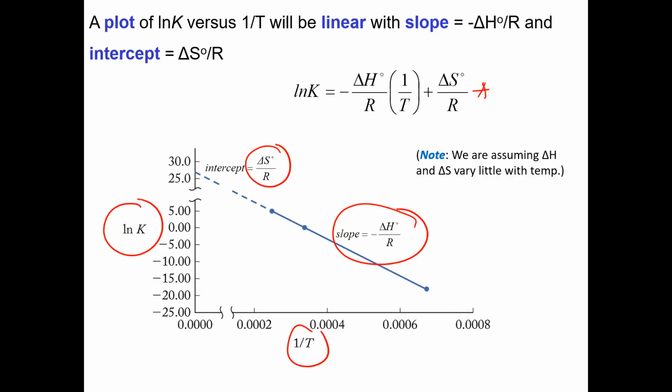Now, this slope-intercept form, this linear form of the equation, is useful if I want to make a graph, but I can also reorganize this equation to get what we call the two-point form.